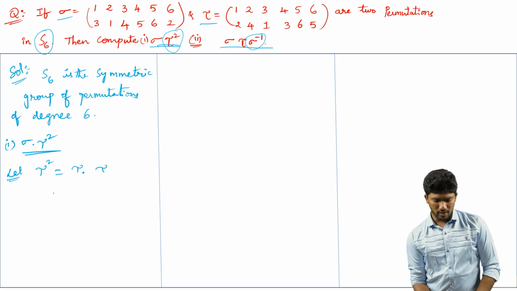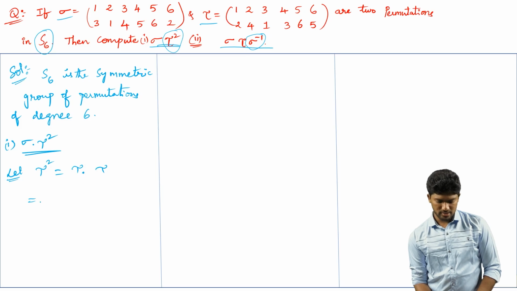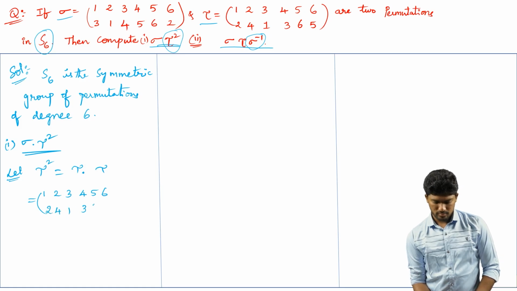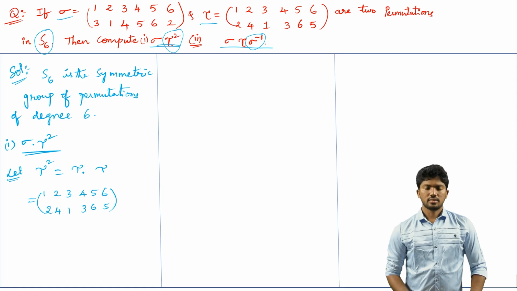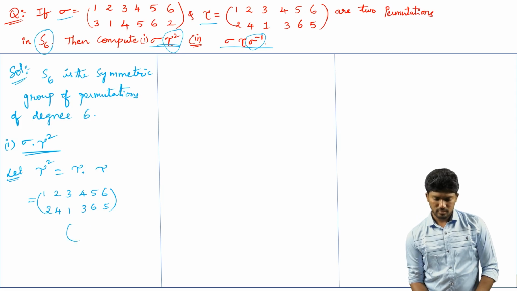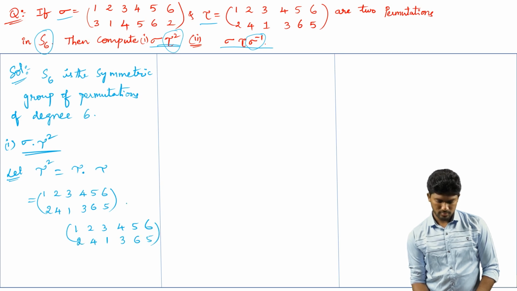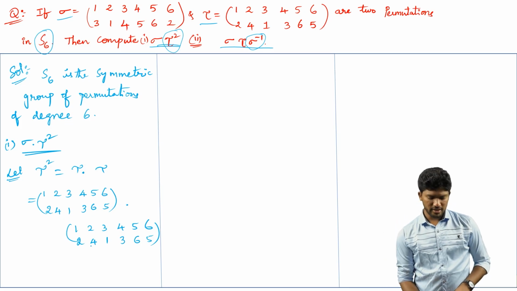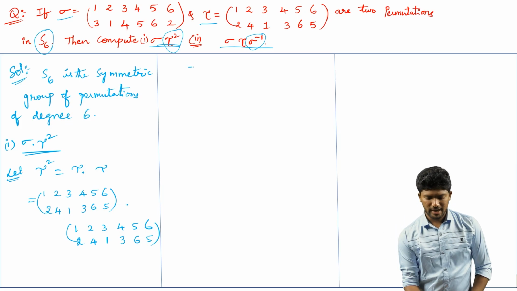Already we have the tau permutation. So this is the tau and this one is another tau. Now we are multiplying them.